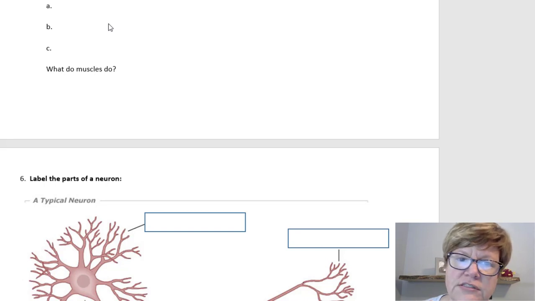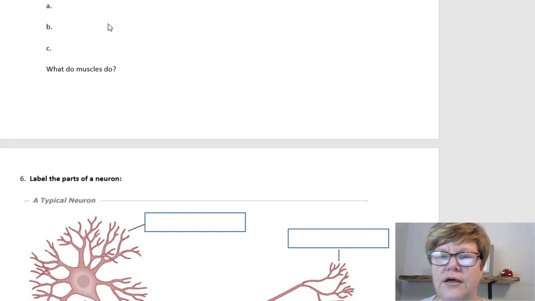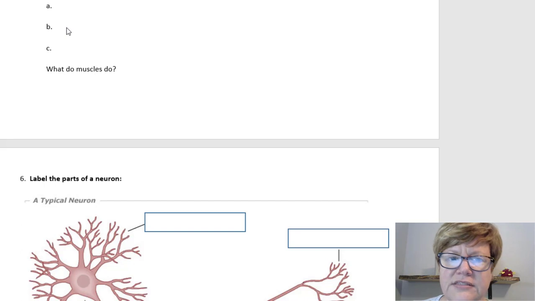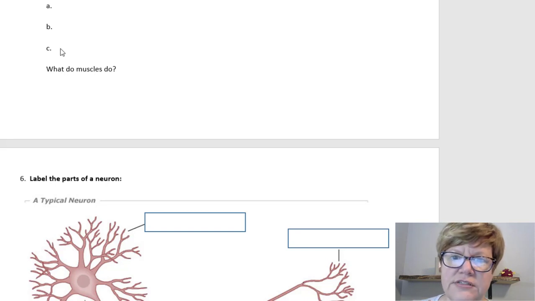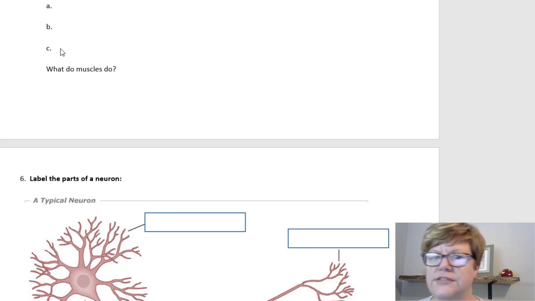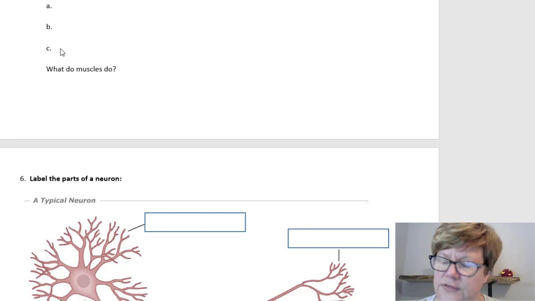Cardiac muscle and the smooth muscles are all involuntary. Thank goodness we don't have to think every time our heart beats or every time our digestive system squeezes to move food through. So muscles contract and relax to move things.